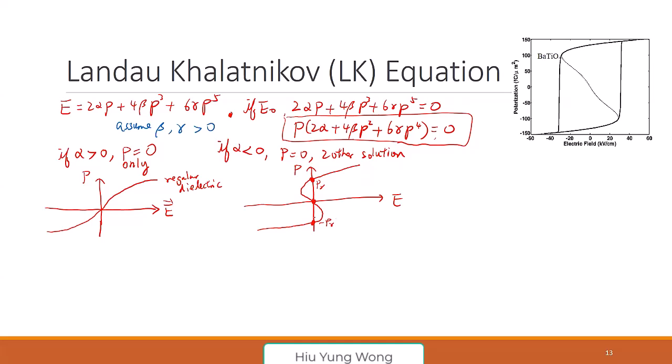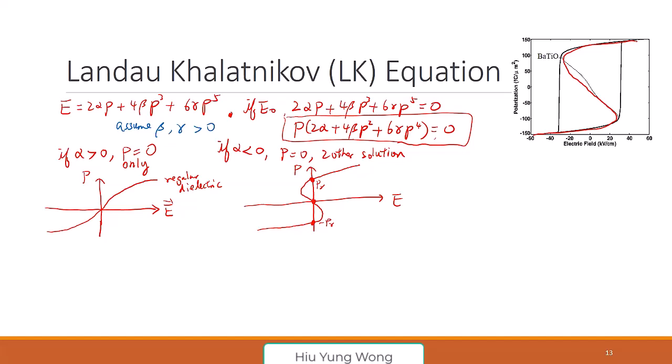It will give you 0 E also. And that is how you get the negative capacitance, this part. So Landau showed that if you have a negative alpha, then you have a higher chance to get this negative capacitance.